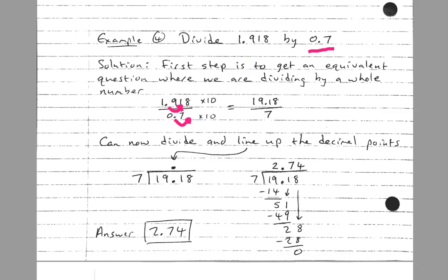So we're just moving the decimal point for both numbers to the right. So an equivalent question is 19.18 divided by 7. And that's what we'll do. So we'll do this long division.